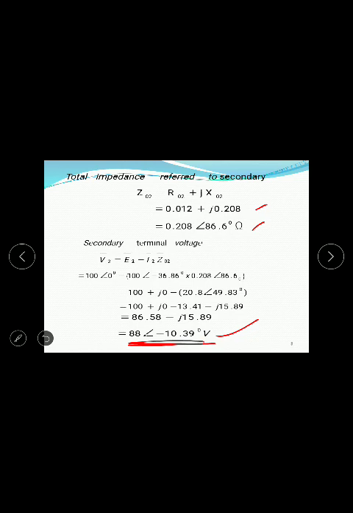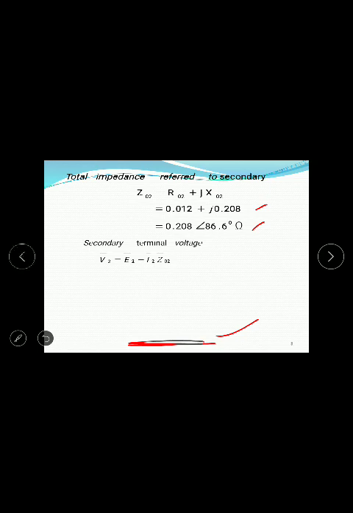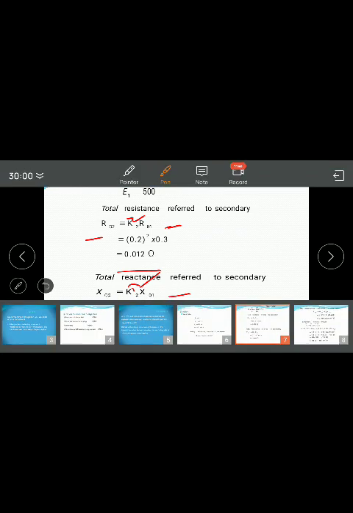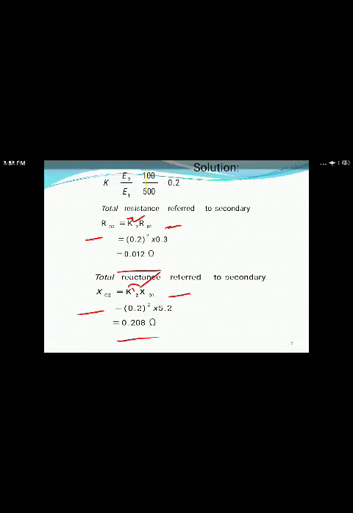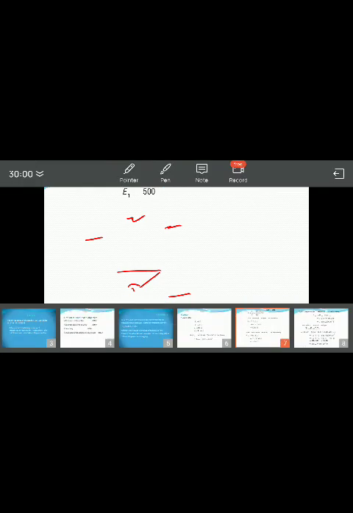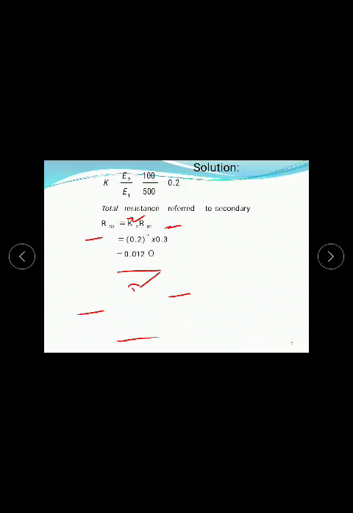So what we have done here: we converted R01 from primary to secondary side, and also X01 to X02.